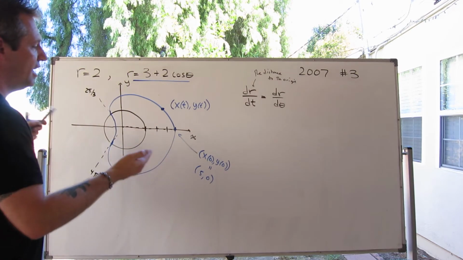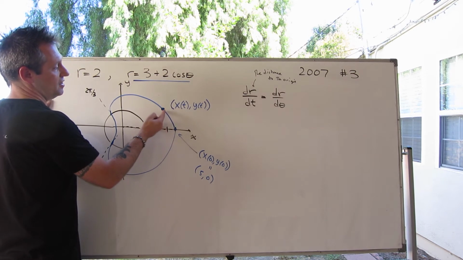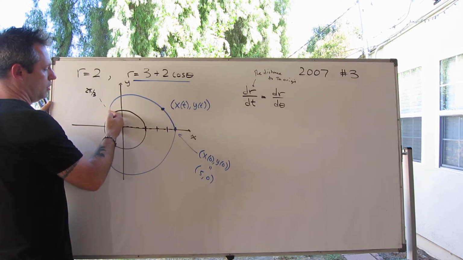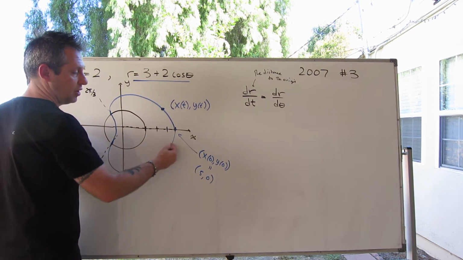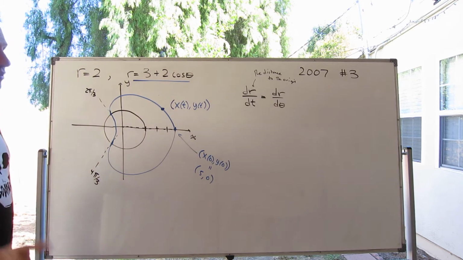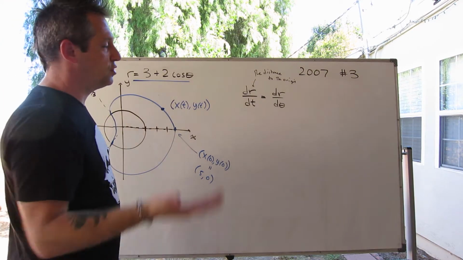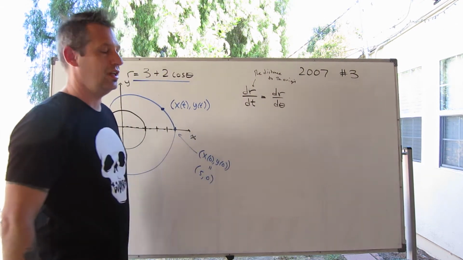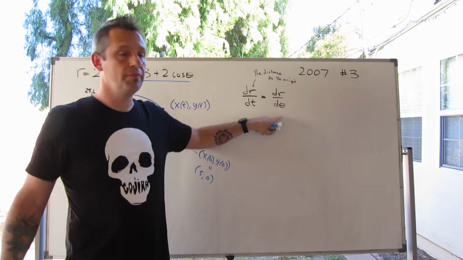As the particle moves around the curve, you should actually be able to see that the distance to the origin is in fact getting smaller and smaller, and then bigger and bigger as it moves around this curve. Well, they're telling us that you can figure out the instantaneous rate of change of that distance to the origin by just finding dr d theta.